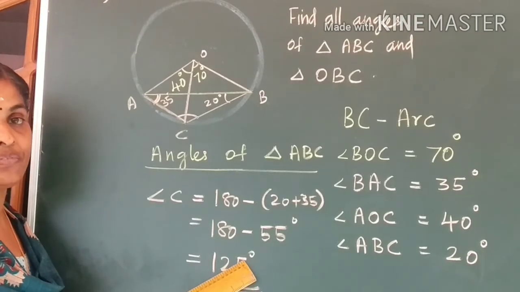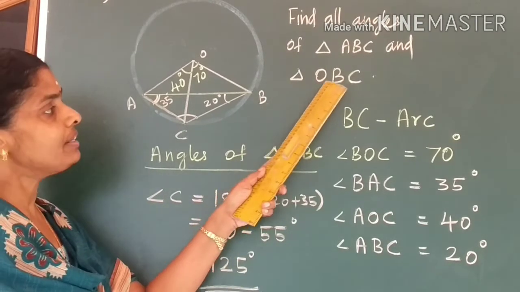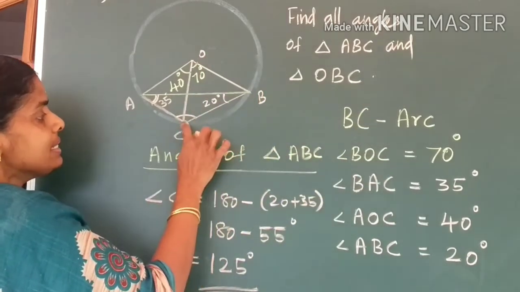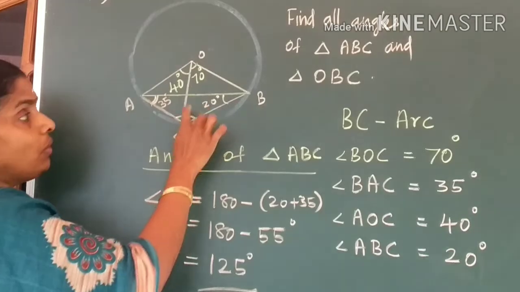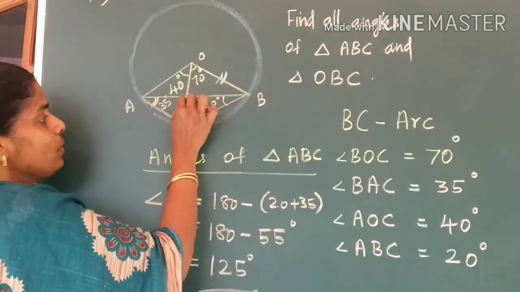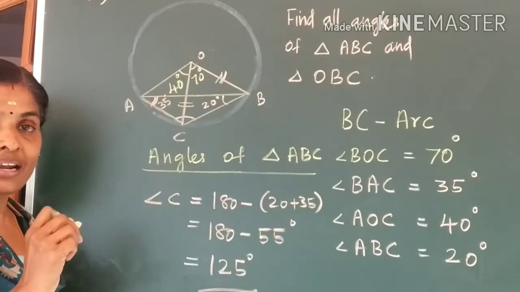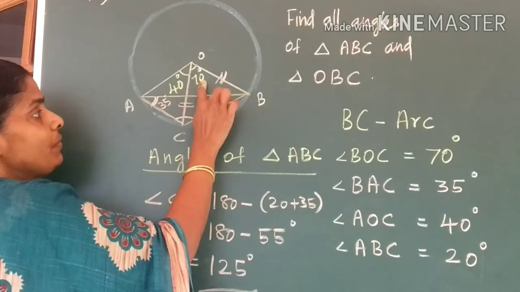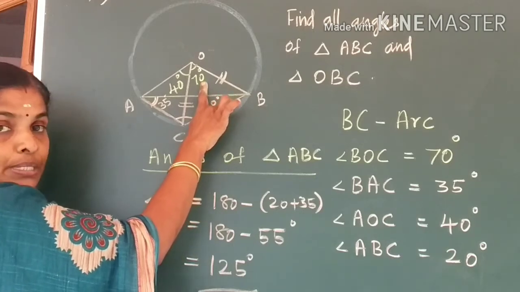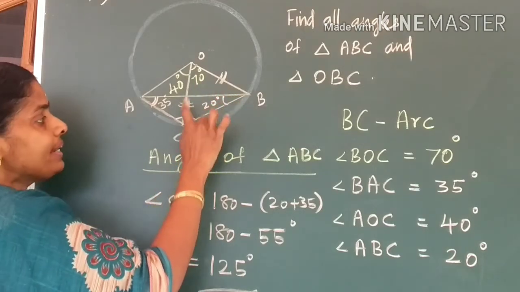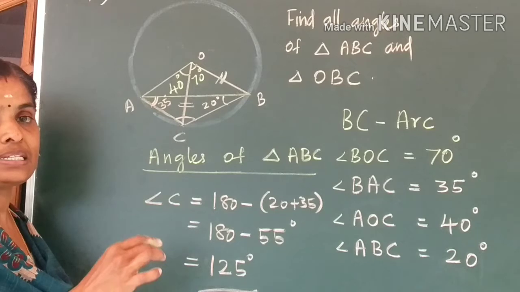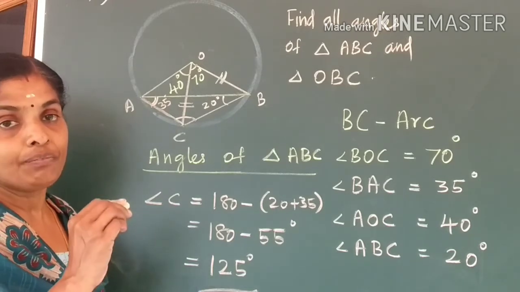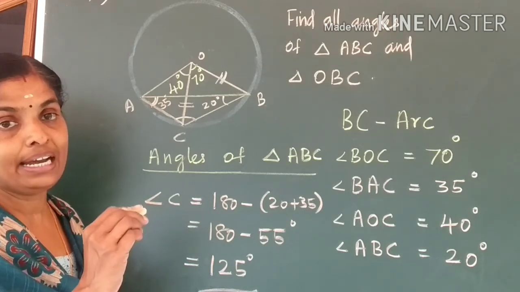Now the next part of the question. All angles of OBC. Now you know OB and OC are the radii of the same circle. They are equal. We know this angle to be equal to 70 degree. So what are the other two base angles? We can say each of the angles would be equal to 180 minus 70, 110.